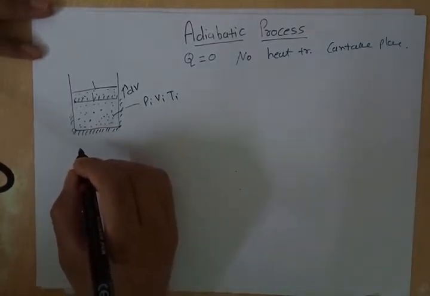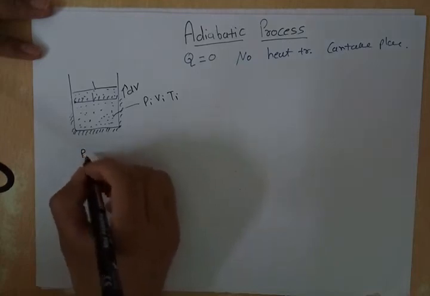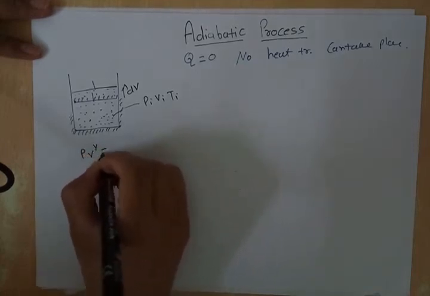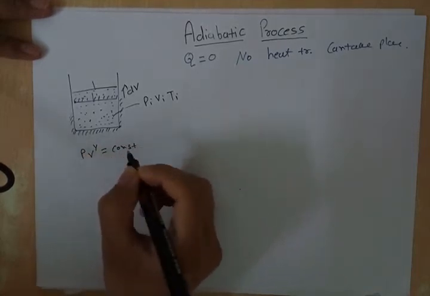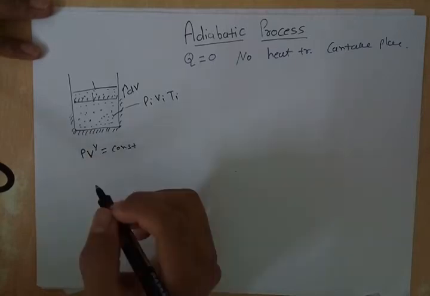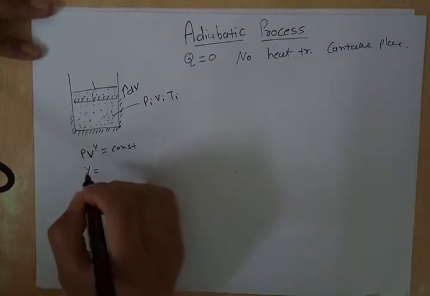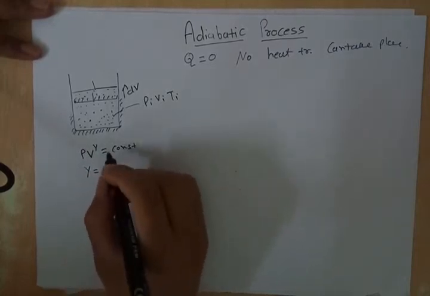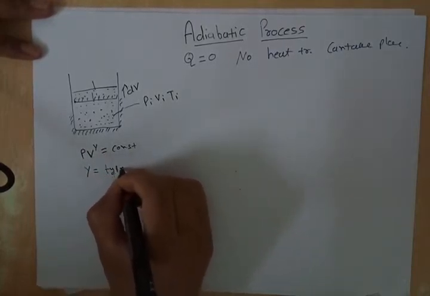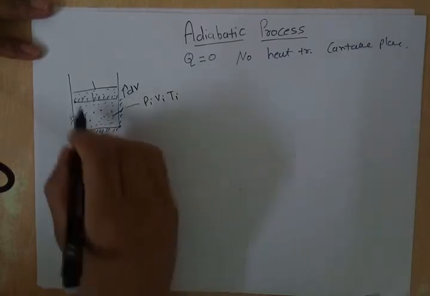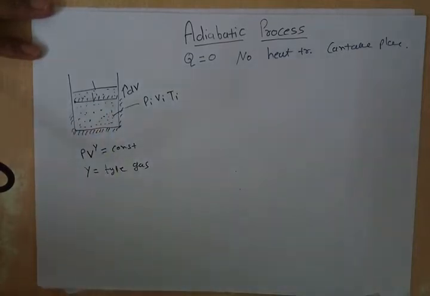Now the equation for the adiabatic process is PV raised to gamma is equal to constant. Here the value of gamma depends on the type of gas inside this volume.